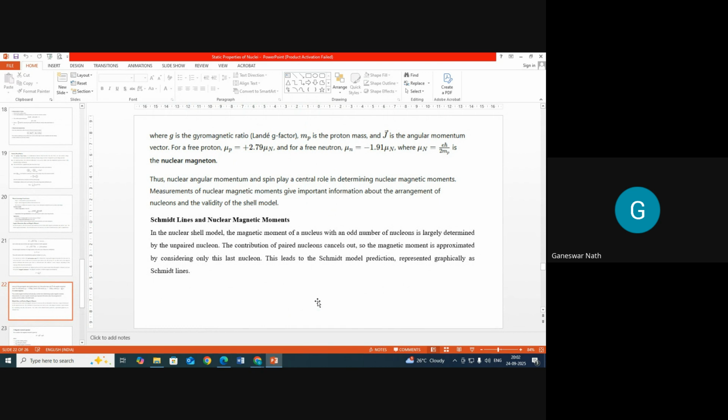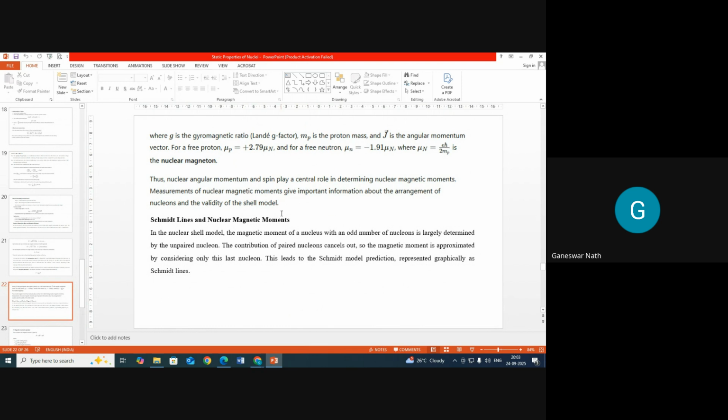For a free proton, mu p is found to be +2.79 nuclear magnetons, and for a free neutron, mu n is equal to -1.91, where the nuclear magneton is expressed by e/(2mp).